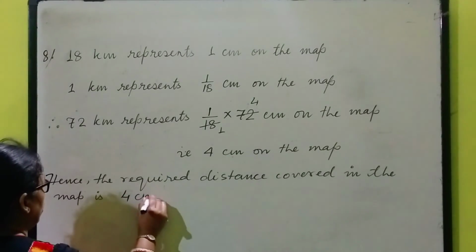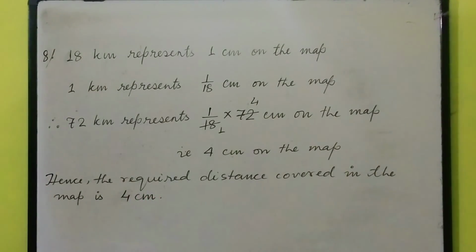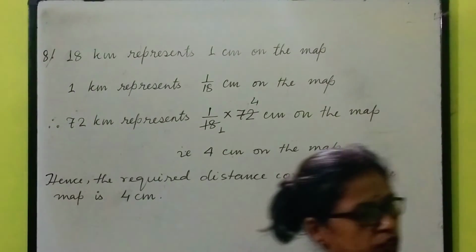Got it? Is your 4 centimeter. Okay, so what would be her distance covered in the map? Clear? Clear to me? So this is all about your question number 8.